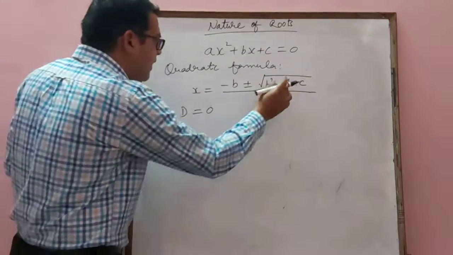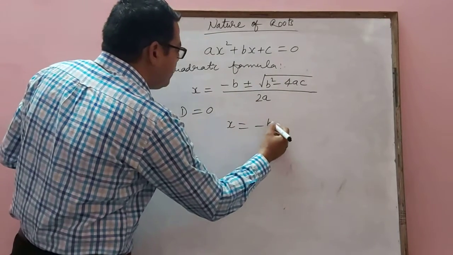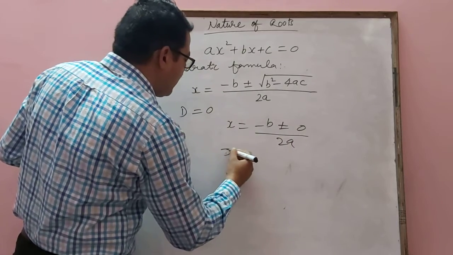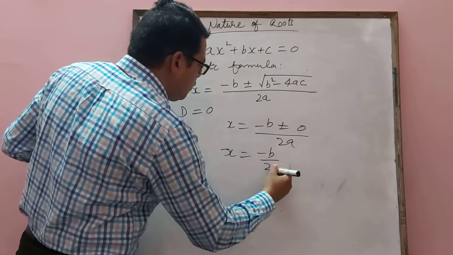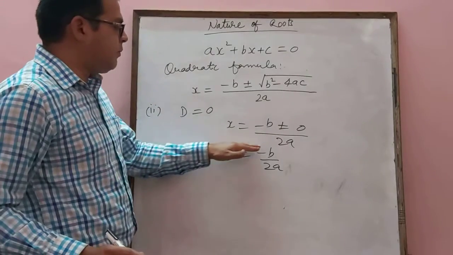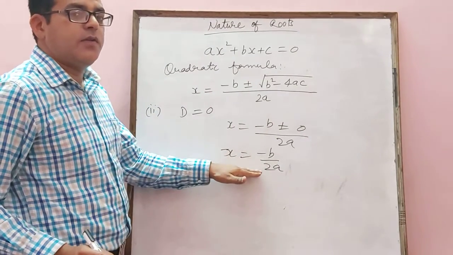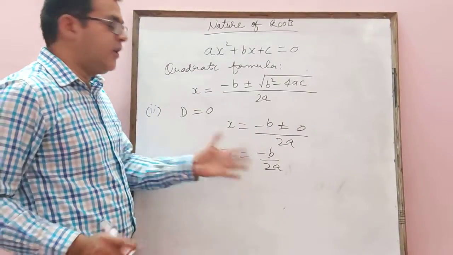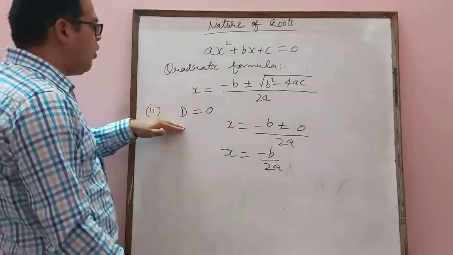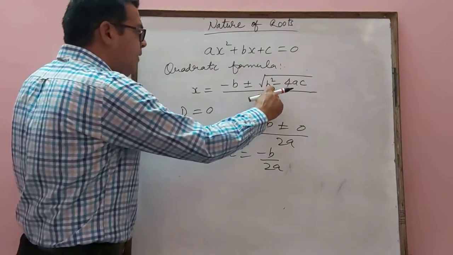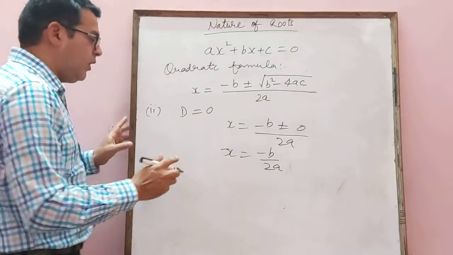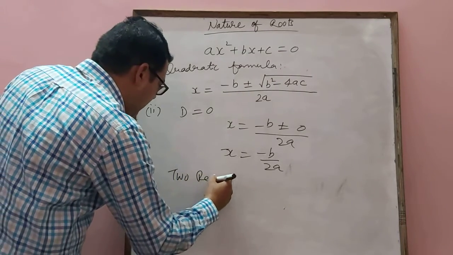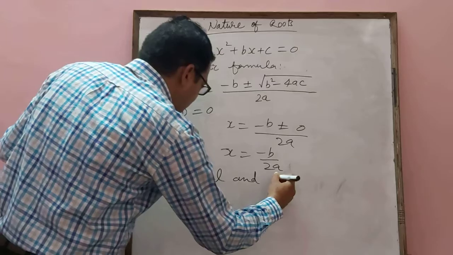If the discriminant is 0, then we will get two same roots, -b/2a, no matter what the values of a and b are. So if the value of the discriminant, b² - 4ac, is 0, then in this case we will get two real and same roots.